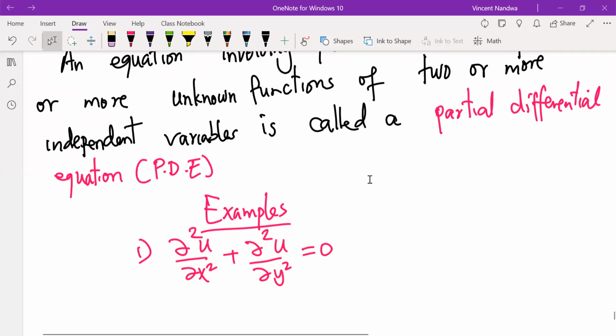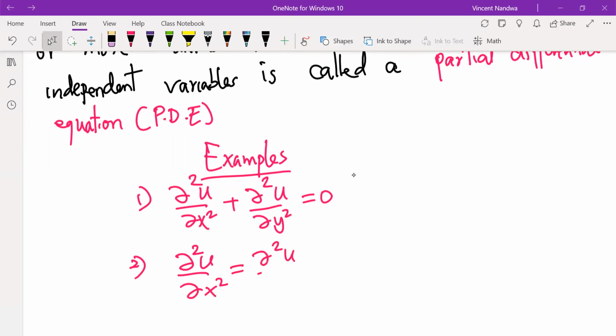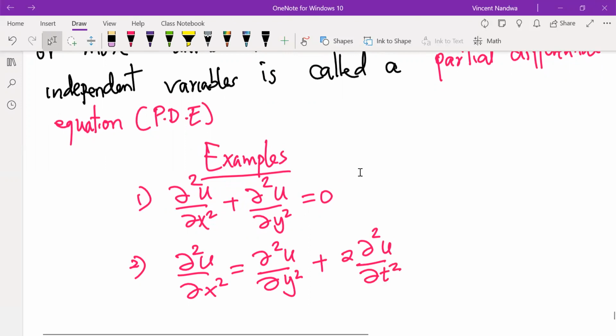This is actually what is called the Laplace equation in 2D. Number 2, partial squared u/partial x squared equals partial squared u/partial y squared plus 2 partial squared u/partial t squared.